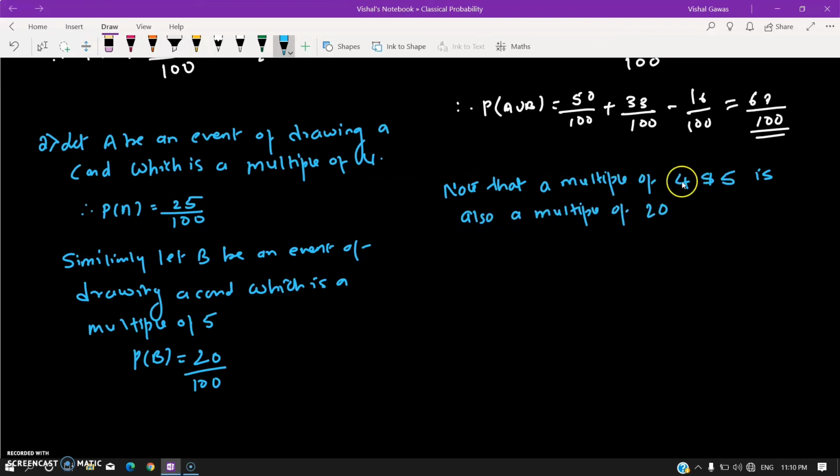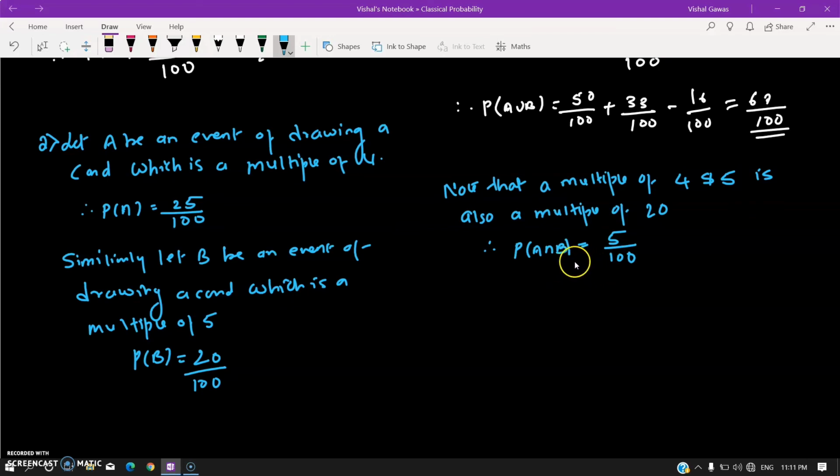Then 40 is a multiple of 4 and 5, then 60 is a multiple of 4 and 5. So anything which is a multiple of 4 and 5 is also a multiple of 20. Therefore, P of A intersection B would be equal to the number of multiples of 20, exactly 5: 20, 40, 60, 80, and 100.